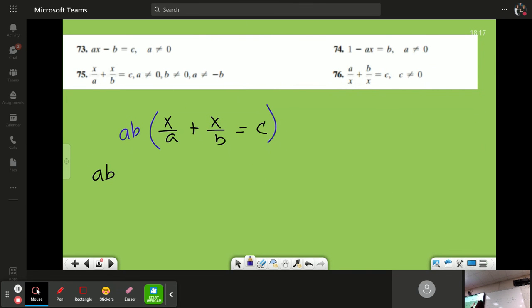Okay, so my first one, I have X times AB divided by A. Multiply by the top and divide by the bottom. What cancels here? A. So XB, right? All right, what about over here?